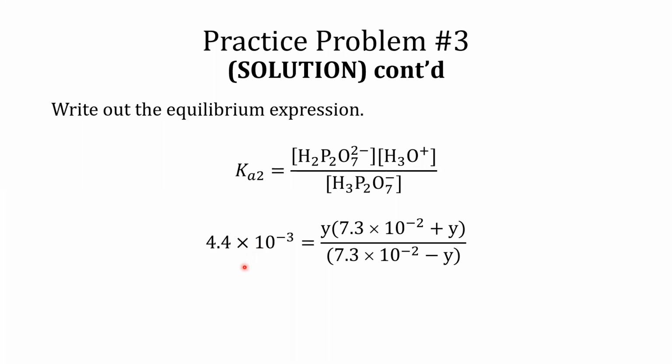After plugging in the numbers, 4.4 times 10 to the minus 3 equals Y times (7.3 times 10 to the minus 2 plus Y), divided by (7.3 times 10 to the minus 2 minus Y).